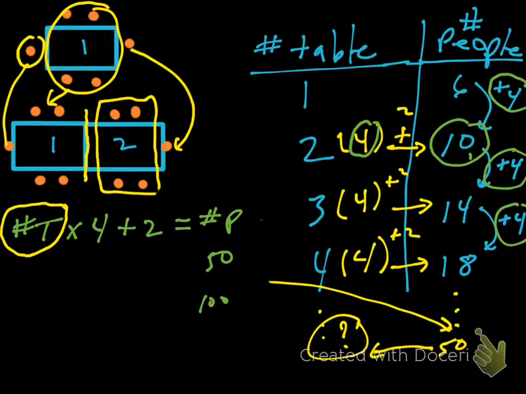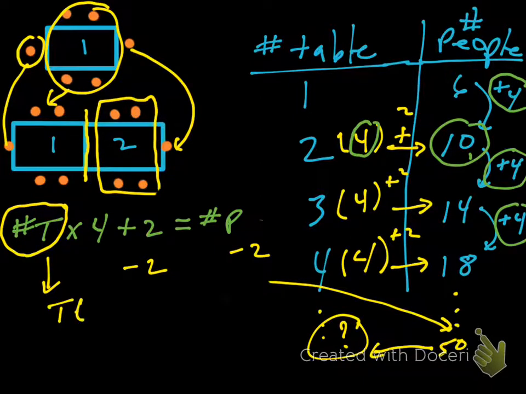So now what we need to do, let me give us some room here to work as I think out loud. We need to first take away 2 from both sides. When we do that, we're going to get T for tables, still multiplied by 4.